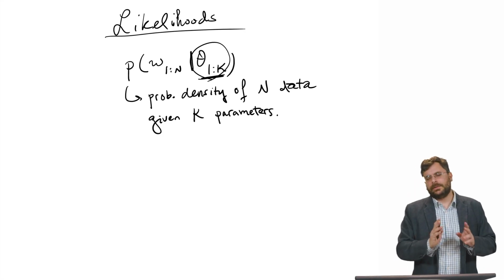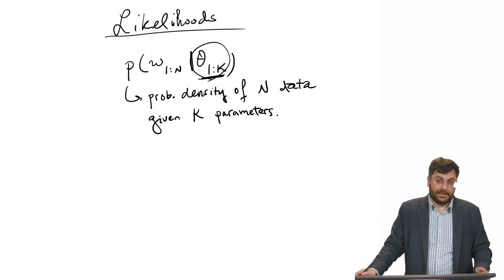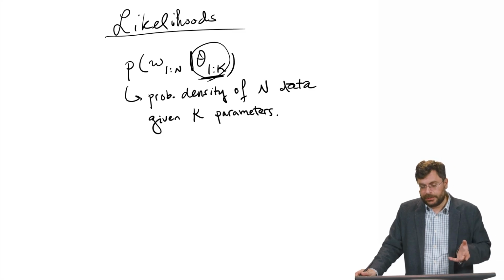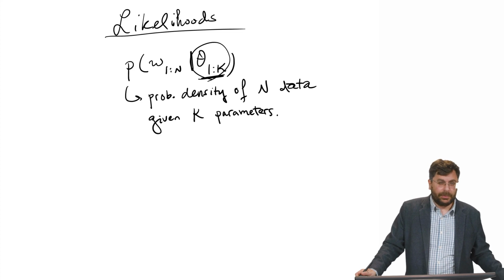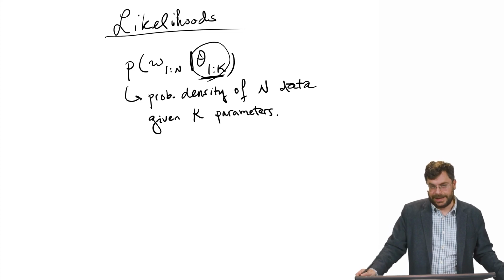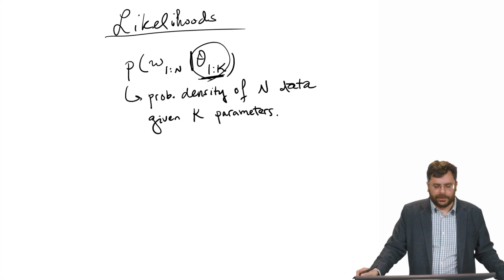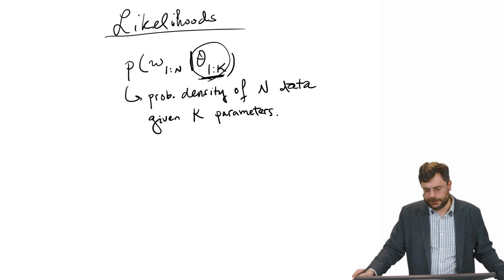So when we talked about coin flips, or when we talked about dice rolls, in the case of a coin flip, the parameter to learn, if we assume that each flip was IID, was the Bernoulli weight of heads. And the Bernoulli weight of tails was 1 minus that. And for a dice roll, it wasn't that much more complicated. There were 5 independent parameters to learn.